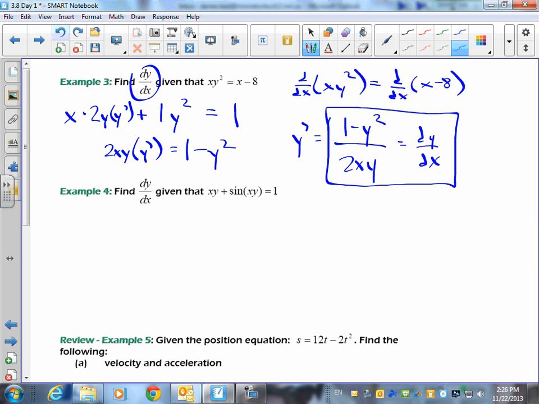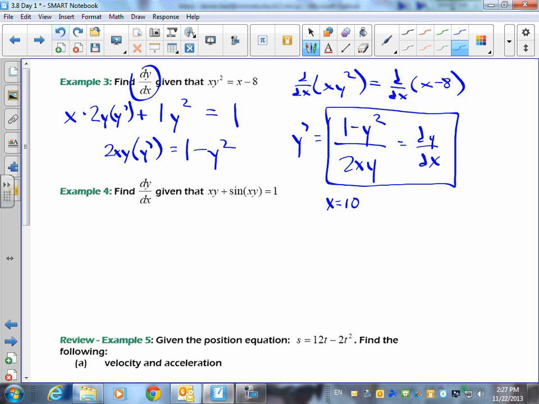Let's say I wanted to find the tangent at x equals, I need to use something bigger than 8. So let's go with 10. Let's say at x equals 10.